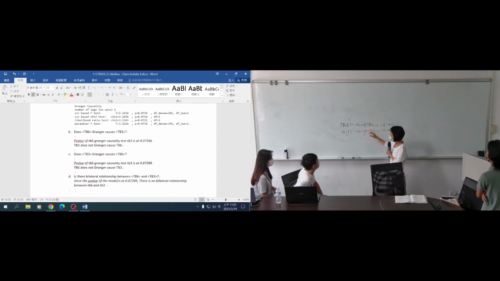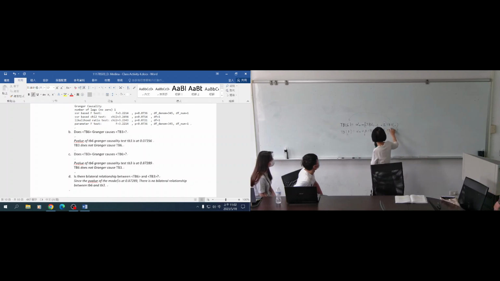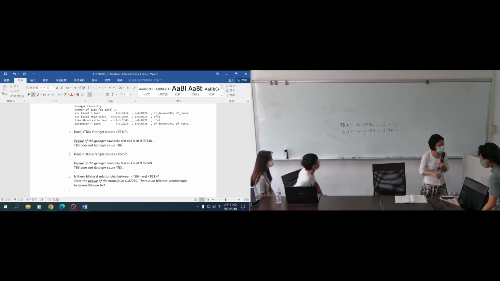It's not the F-stats? If I have several lags, I have to look at, did I give you the Granger causality material? Since I have p lags. Look at px.